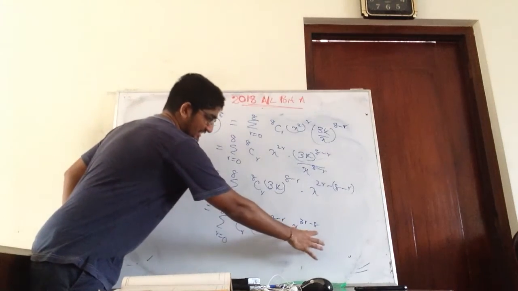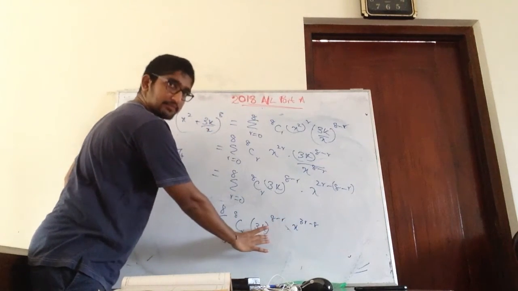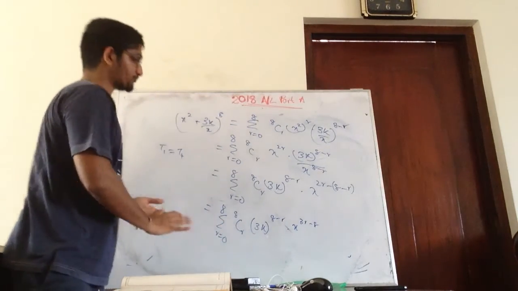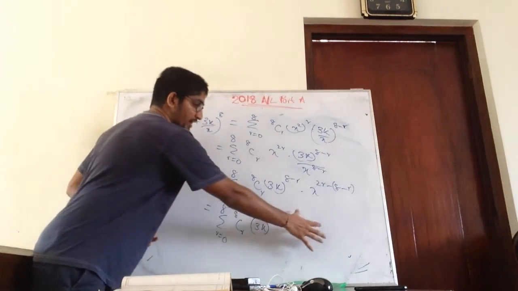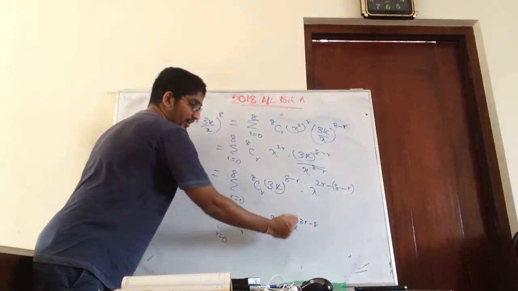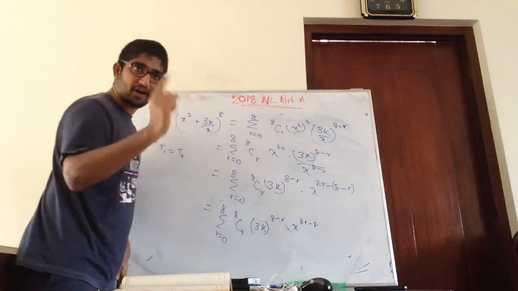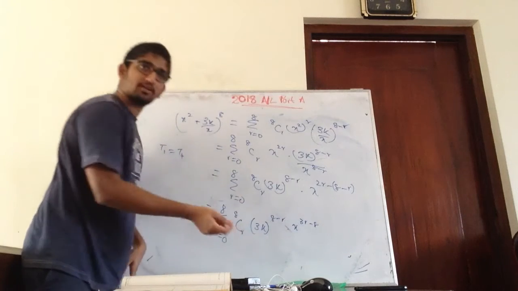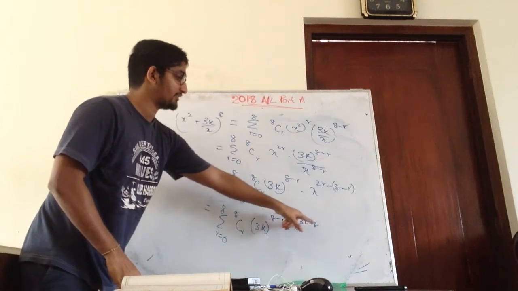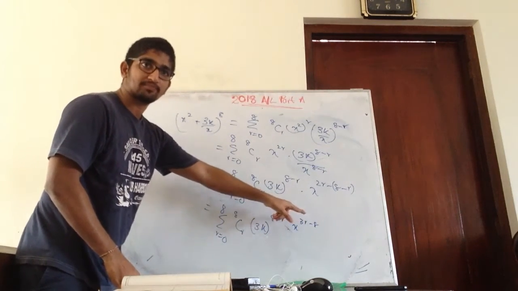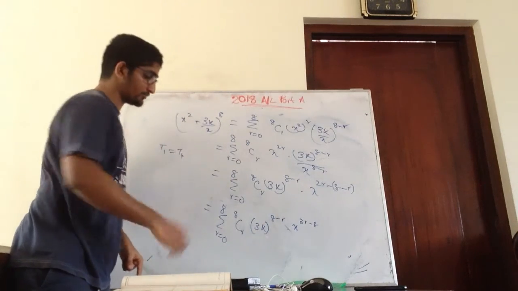Right. So this is the x term. This is the coefficient term. Correct, no? So now we need to check, when it's x to the power 1, what is the corresponding r value? Because this is not in the normal term. So that is the next step we have to do.